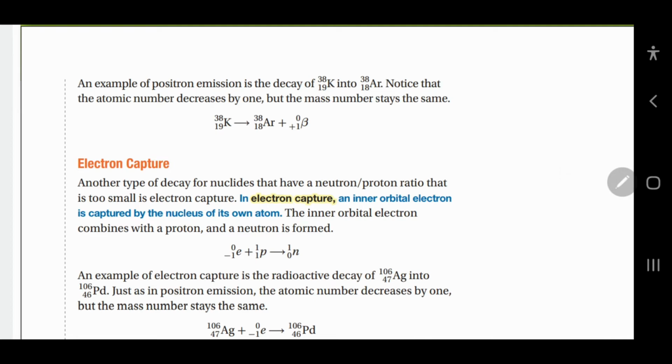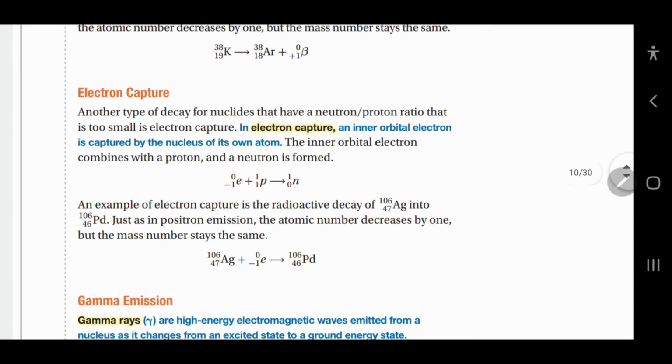And we have also electron capture, in which an inner orbital electron is captured by the nucleus of its own atom. So the electron will be captured and the proton will be neutralized with the electron, then converted to a neutron. So here also the atomic number will decrease.